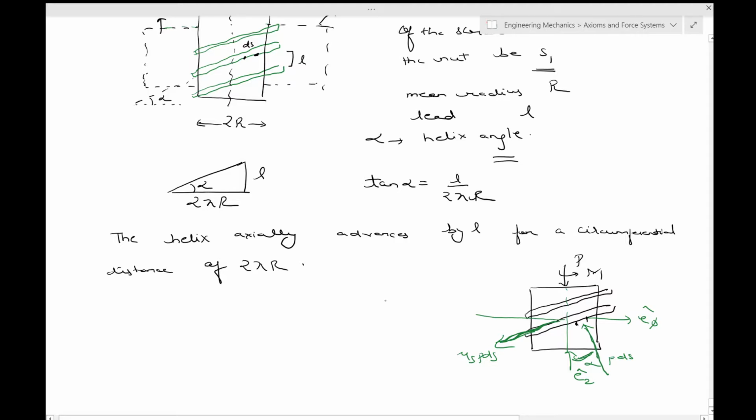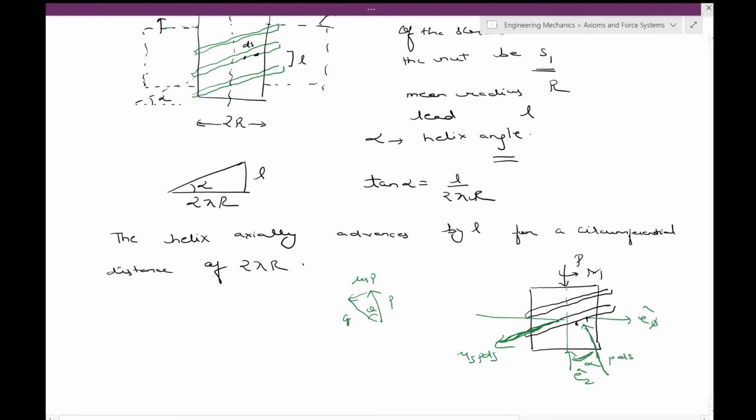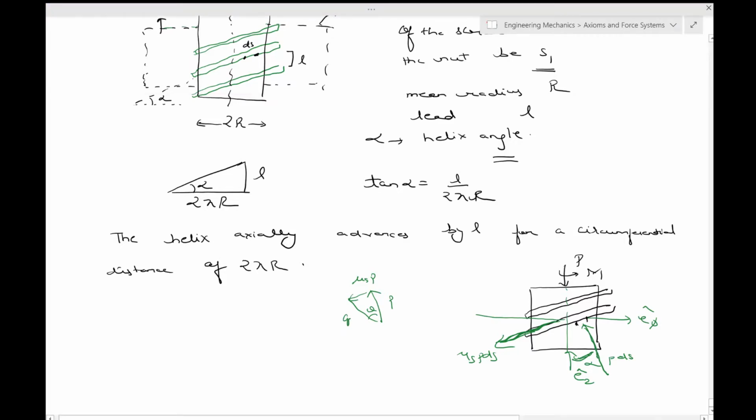Okay, and so you have p, you have mu s p, this angle is theta, this is q. So the FBD of the screw is shown over here. The nut exerts a distributed reaction force from one side of the thread of the screw.